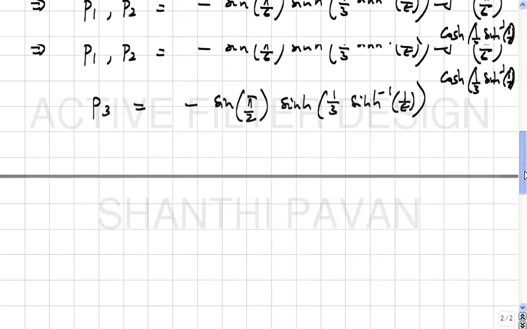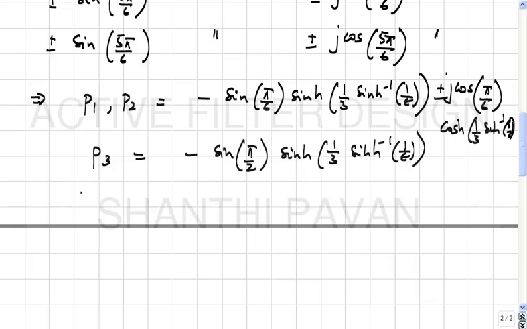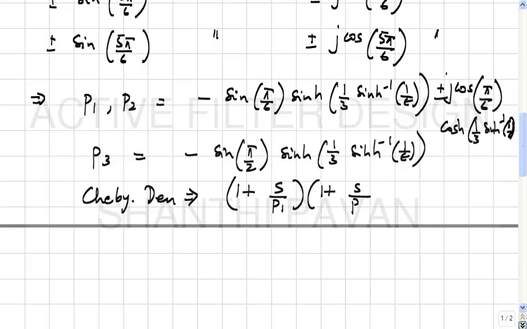So the Chebyshev denominator will be 1 plus s by P1 into 1 plus s by P2 into 1 plus s by P3. Okay.